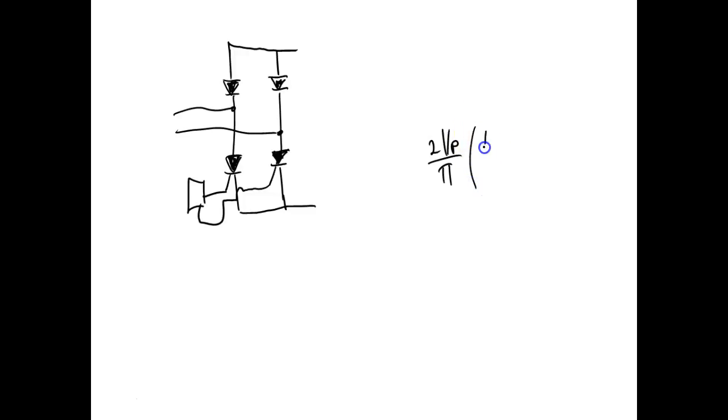Times 1 plus the cosine of the angle, and then divided by 2. Well, you got to realize if this is divided by 2, that's going to be divided by 2. So I just went ahead and did that. Well, the problem is the cosine of 90 degrees is 0.